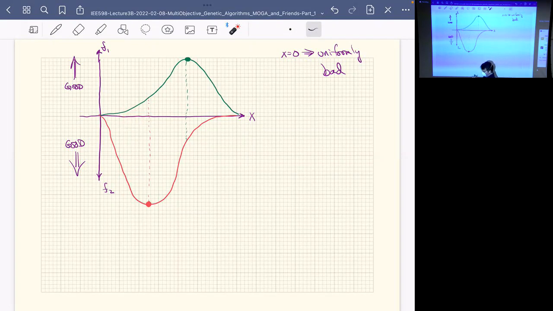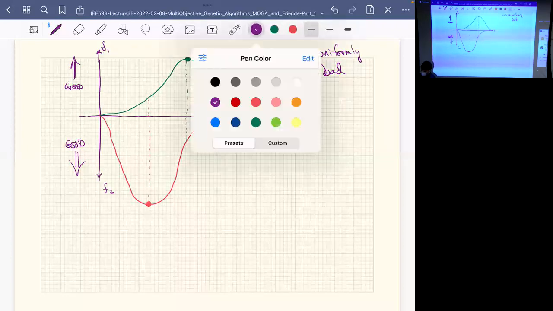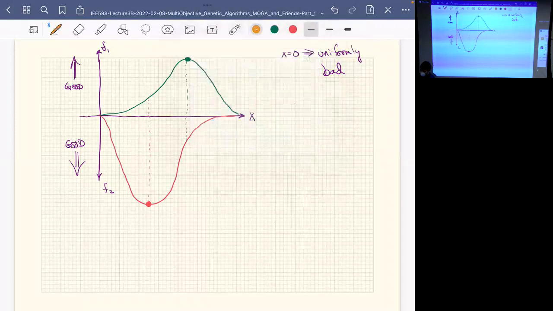So that tells me that these regions, choose a different color maybe, that tells me that these regions right here are just bad regions. You should never pick anything in that region.